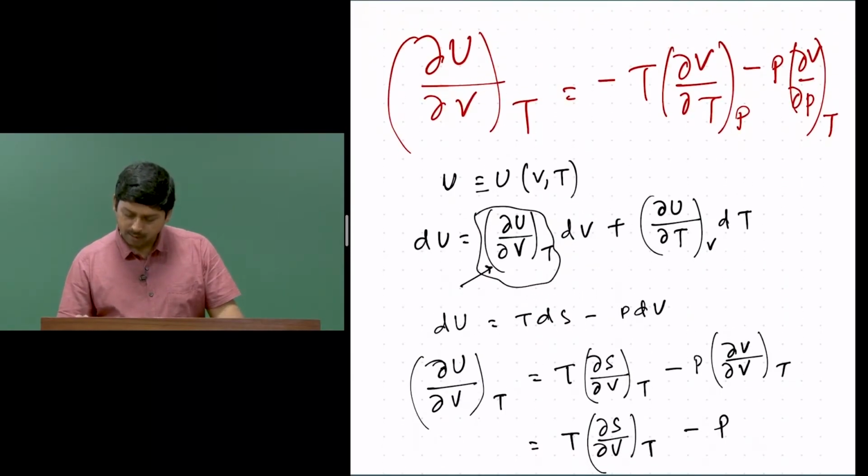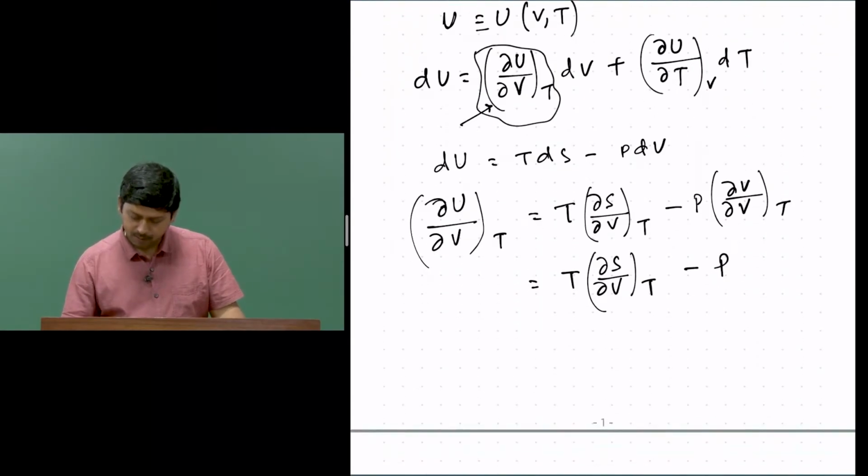Okay. So, what they have asked for is del V by del T at constant P minus del V by del P at constant T. So, we do not see yet anything that is close to that. So, we will have to expand a little bit more and see what we can get out of that.